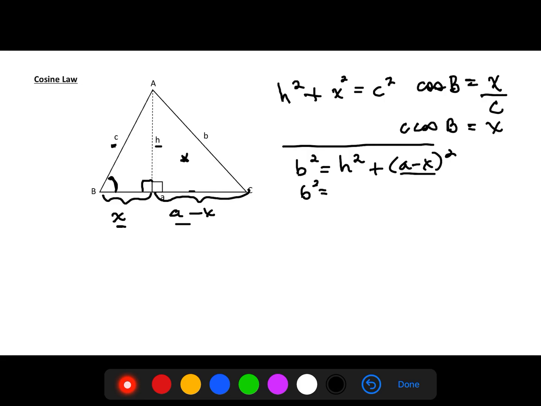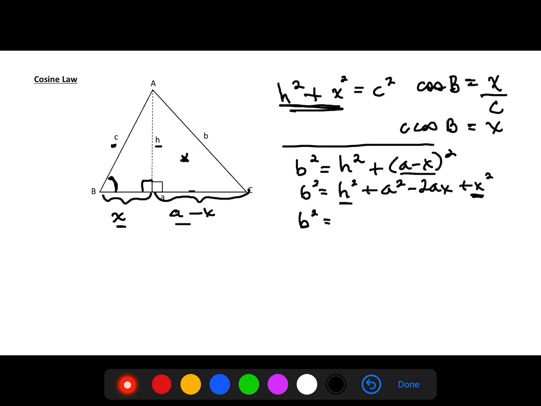So we're going to have a minus x squared, and foiling to multiply a minus x times a minus x, we get a squared minus 2ax plus x squared.